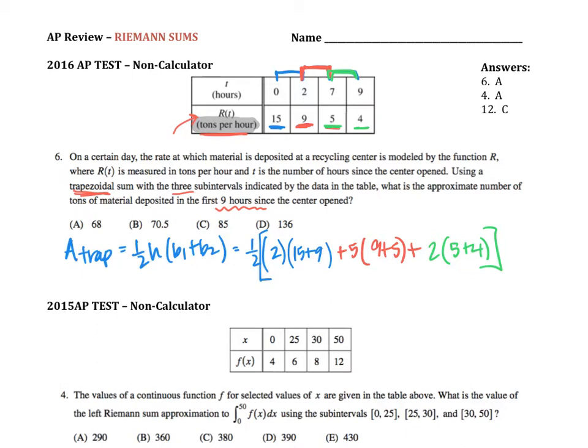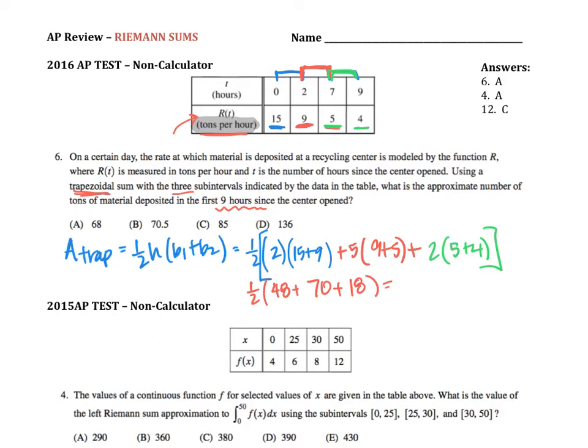So when we add these up, we would have 1/2 of 15 plus 9 is 24. 2 times 24 is 48. 9 plus 5 is 14. 14 times 5 is 70. And 5 plus 4 is 9 times 2 is 18.